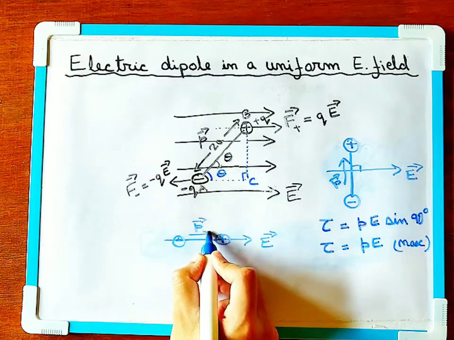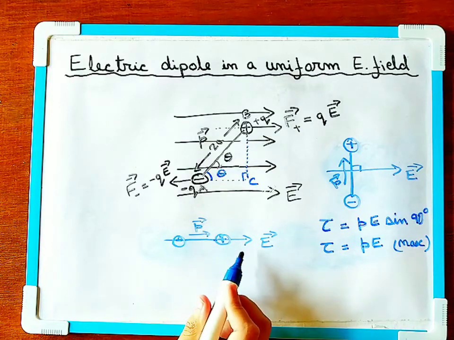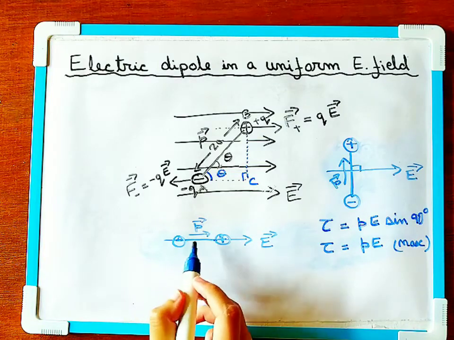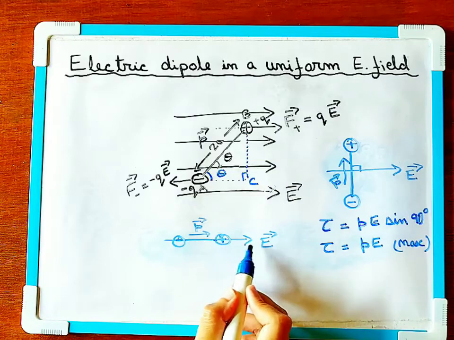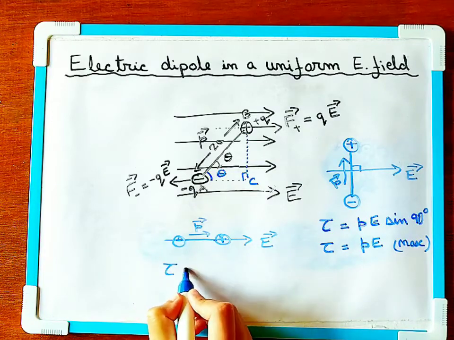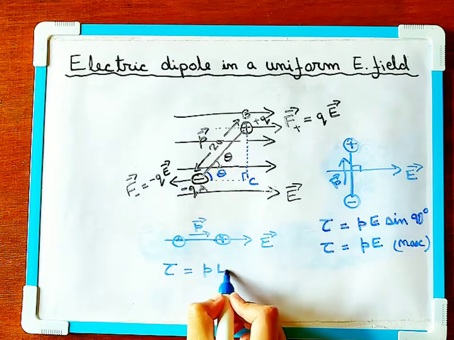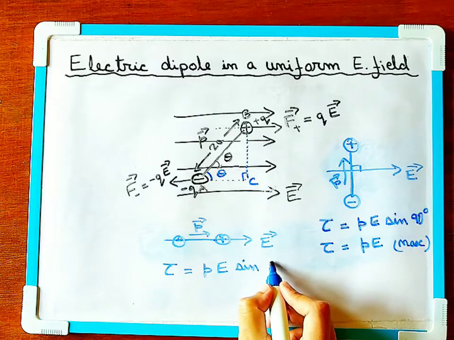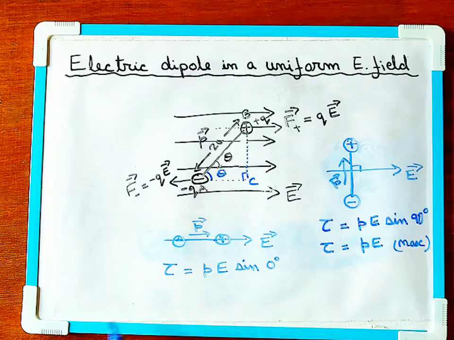So here the angle between them is 0 degrees. If you place your electric dipole in this way, then your torque will be equal to PE sine 0 degrees. Sine of 0 is equal to 0, so your torque will be equal to 0.